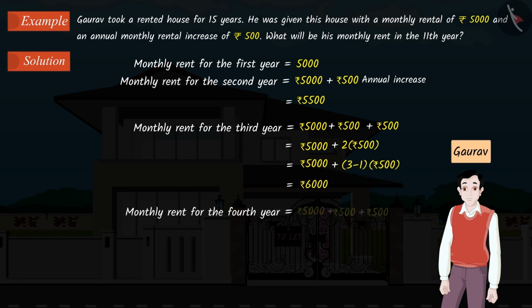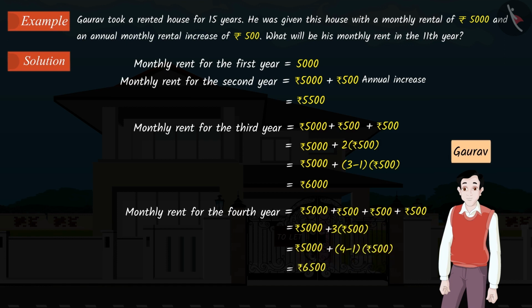Similarly, we can also find the monthly rent for the fourth year. Therefore, the monthly rent for the third year will be Rs 6,000 and the monthly rent for the fourth year will be Rs 6,500.